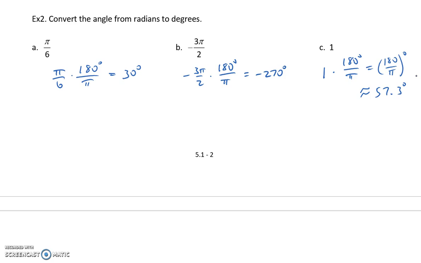So it's useful to keep in mind that an angle of 1 radian is approximately 60 degrees, just a little bit less. So 1 radian is significantly larger than 1 degree, obviously, as you can see from this example.